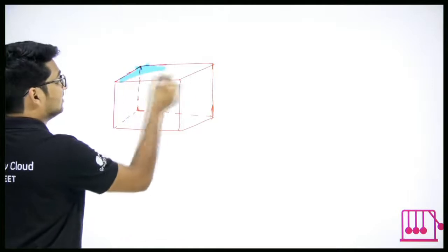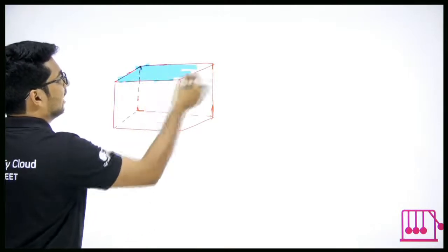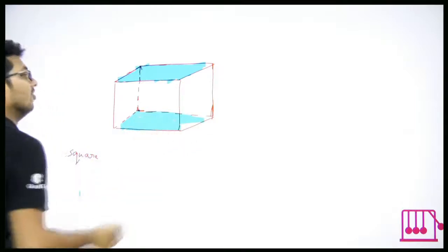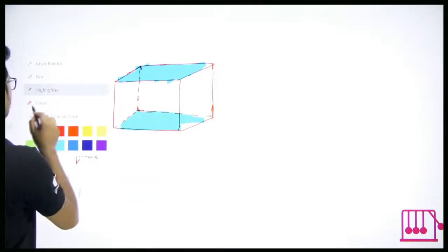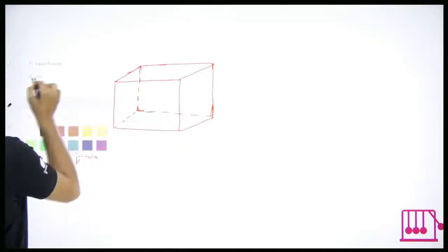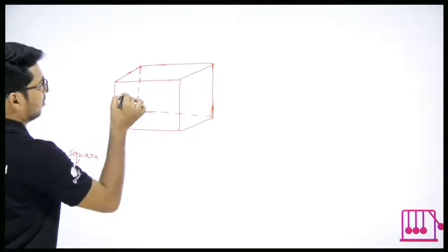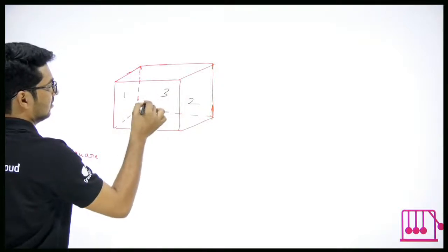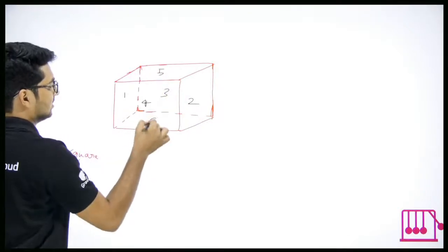Now, this is the top and this is the bottom. So how many total? If we count all of them, we get 6. So let me just write them down. 1, 2, 3, 4, 5 at the top and 6 at the bottom.